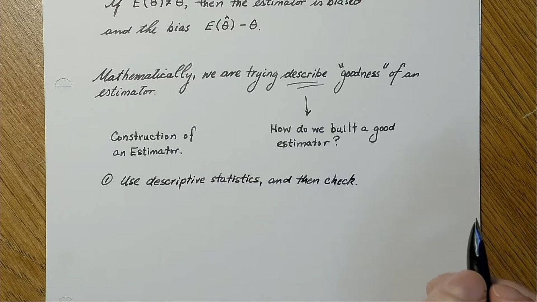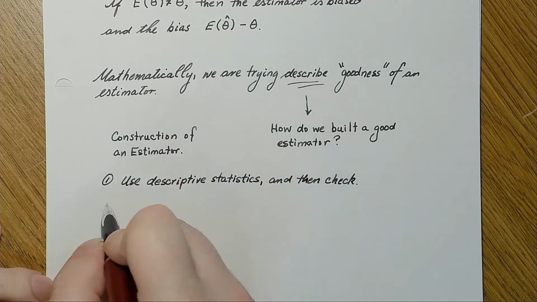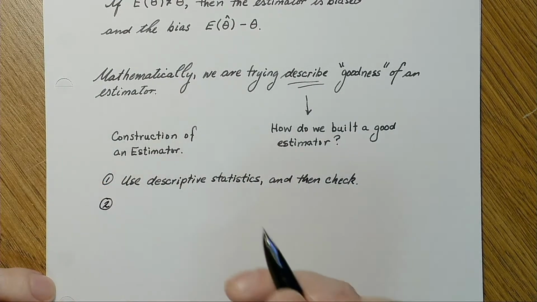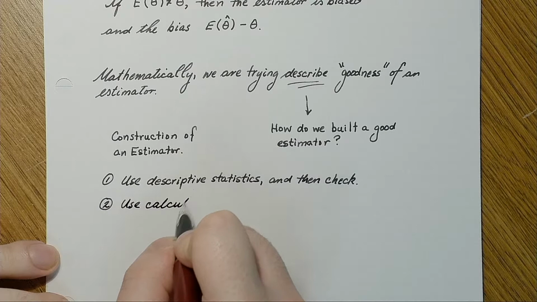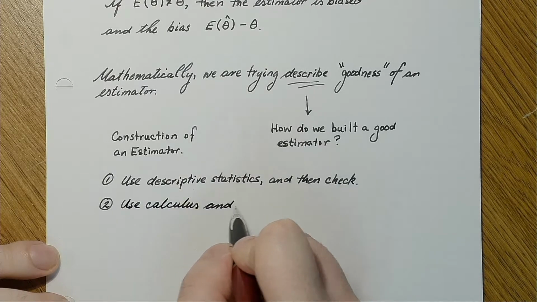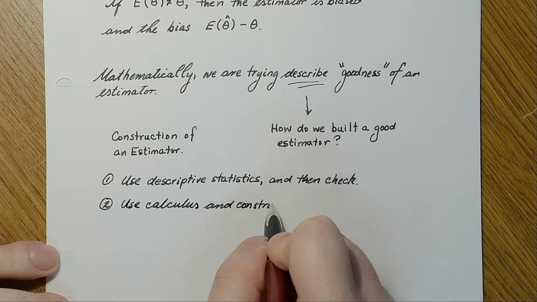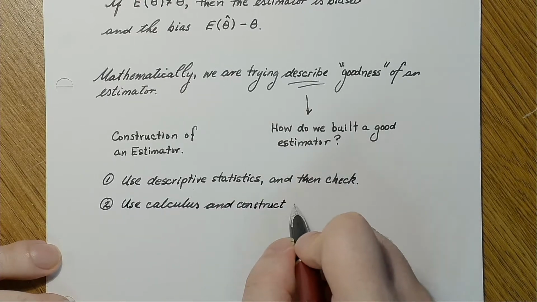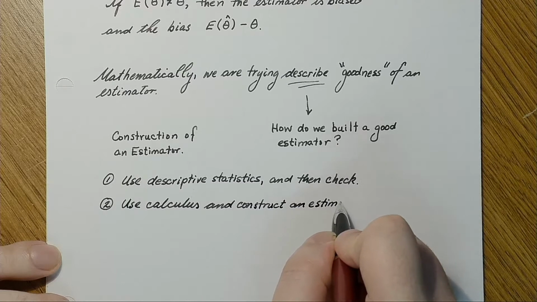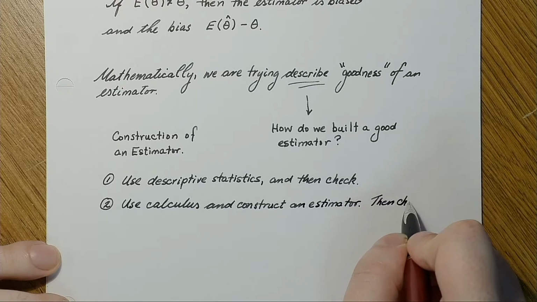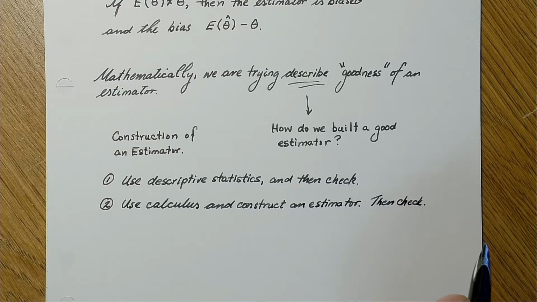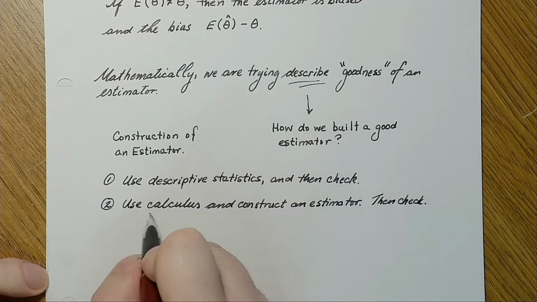But that kind of negates the whole point of doing your first year calculus course. So that's the next step. Here's another one. We could just use calculus and construct one. And then we'll still have to check if it's biased or unbiased. But this is what we're going to use, calculus.